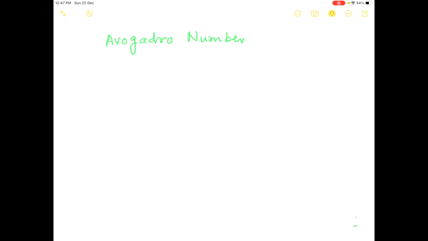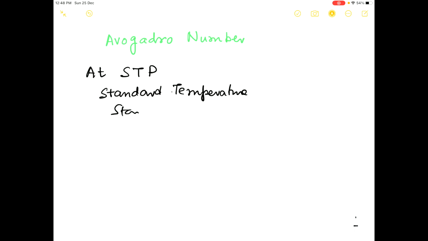See, at STP, STP means standard temperature and standard pressure. Standard temperature is 0 degrees C, or in Kelvin it is 273 Kelvin, and standard pressure is 1 atmosphere.